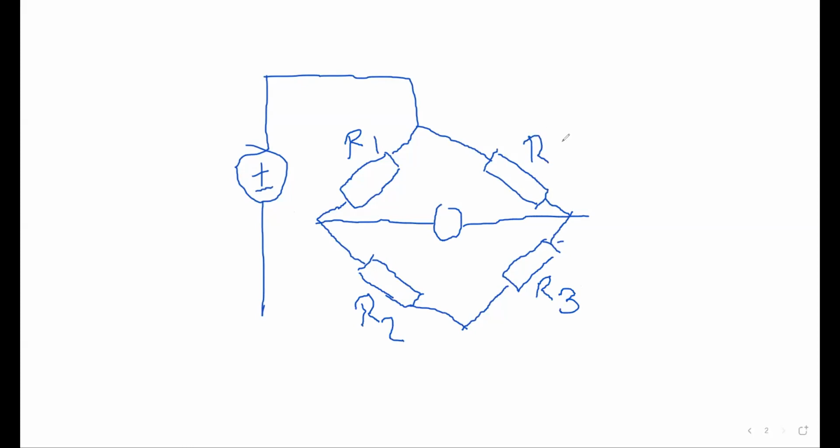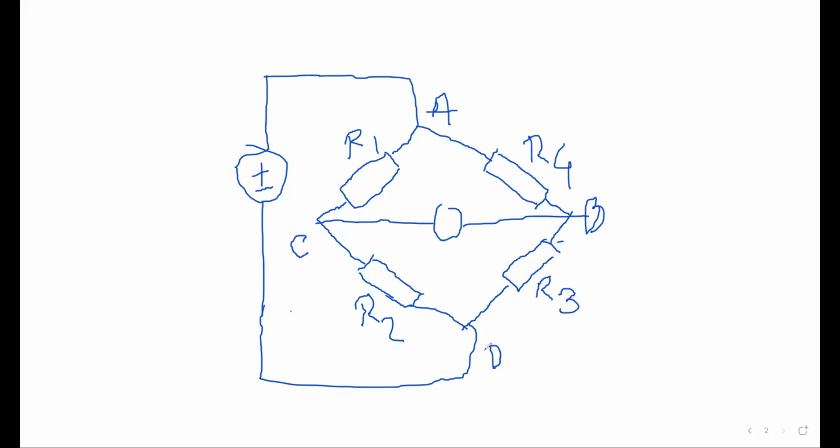So all these four resistances are here. Let me complete the connection. Now you see the terminals I'm writing. This is A, this is B, this is C, and this is D.